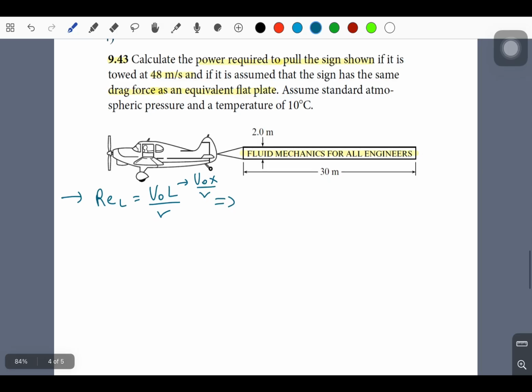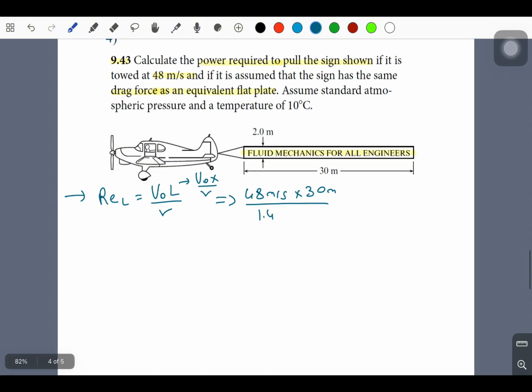So the velocity is 48 meters per second, and the distance is 30 meters. And kinematic viscosity, you can also get it from tables, 1.41 times 10 to the power of -5 square meters per second, which gives these Reynolds numbers, and it means we have a turbulent flow.